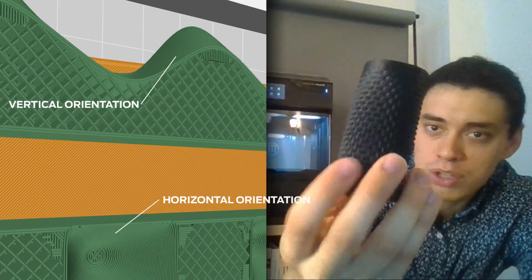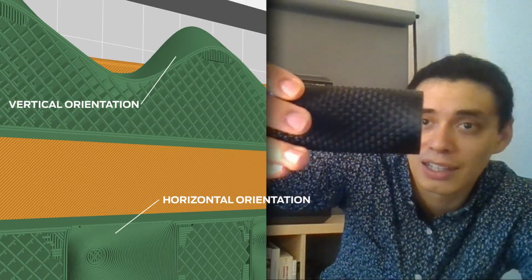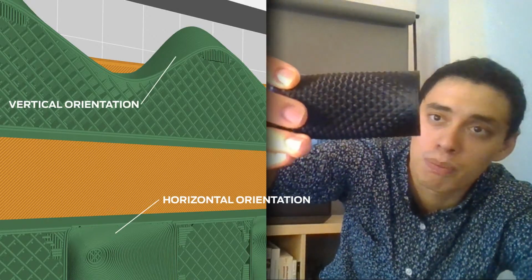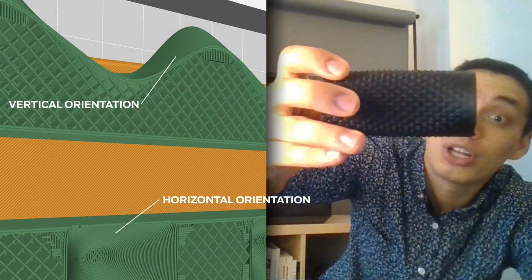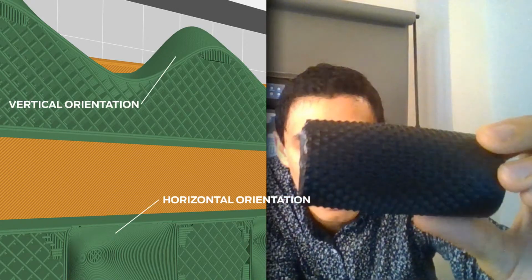As I'm printing, as I'm going away from those first couple of layers, I start getting those teeth. However, this part was printed vertically, like so. Had I printed it horizontally, two things would have happened. It would be more complex in terms of how much support material I would need, but it would also affect how much resolution I get for every single triangle.